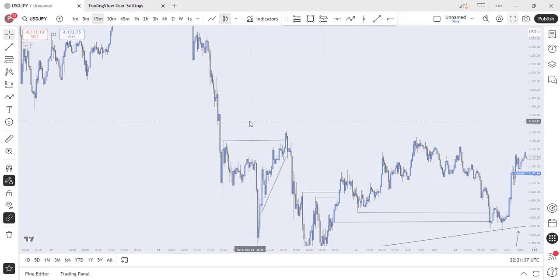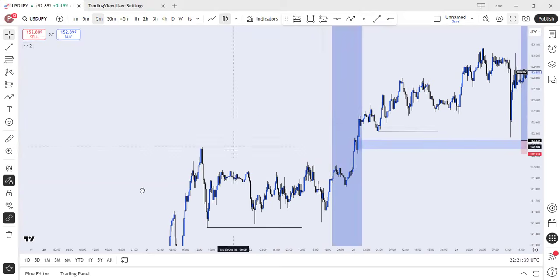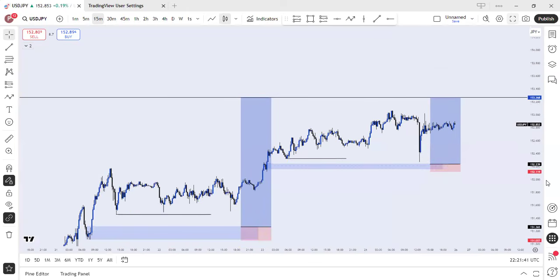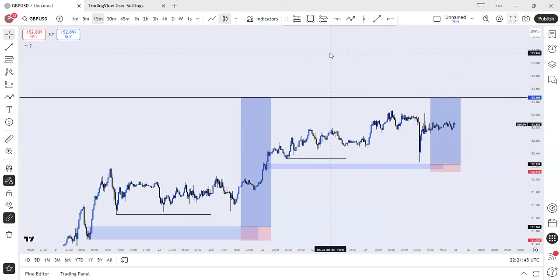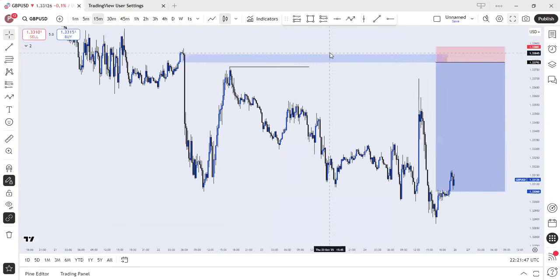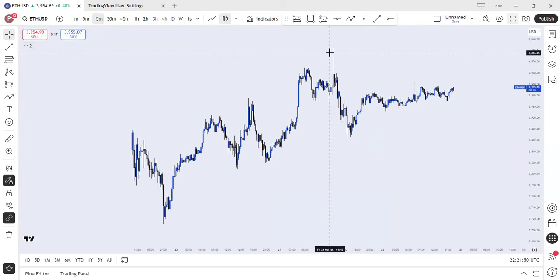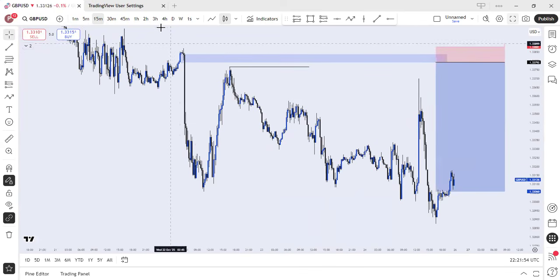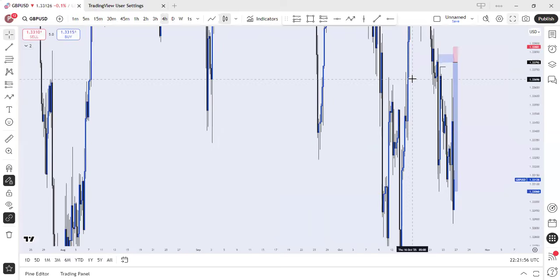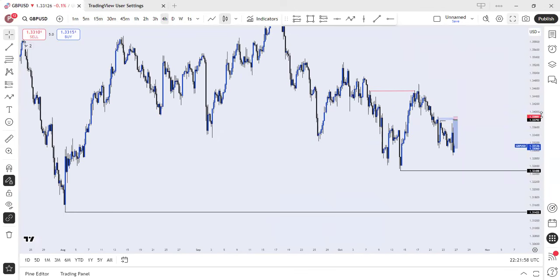I'll do some analysis on GBP USD as well for the supply and demand zone. So that is an example for the trending market. For the ranging market as well, sorry, for the supply and demand zone as well.